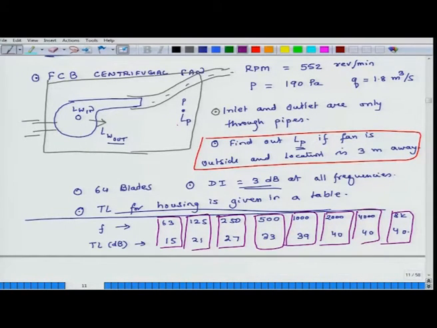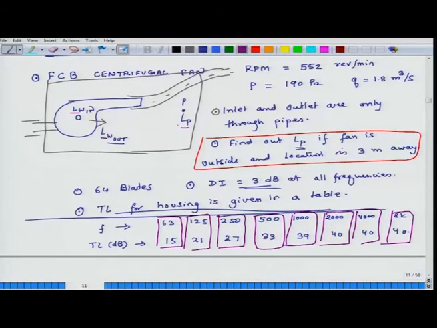Then we will add up the different values of LPs corresponding to different frequencies. That is how we are going to do it.